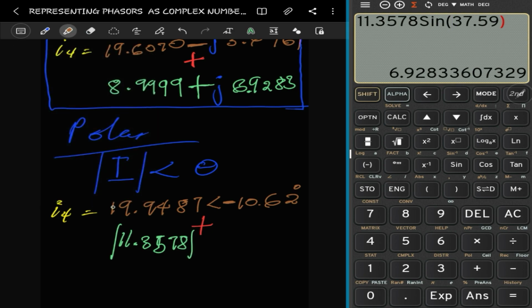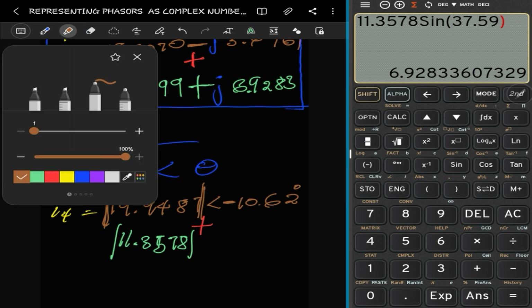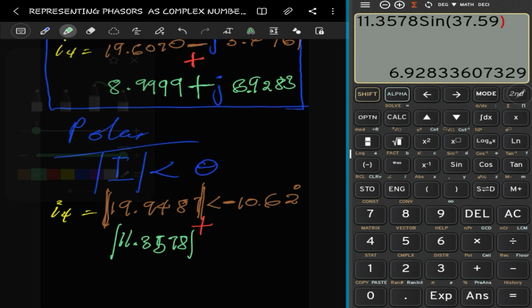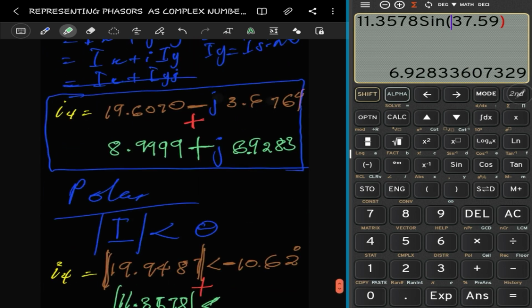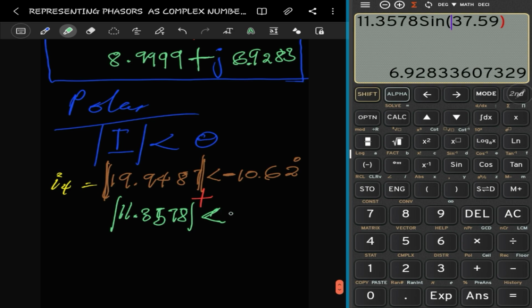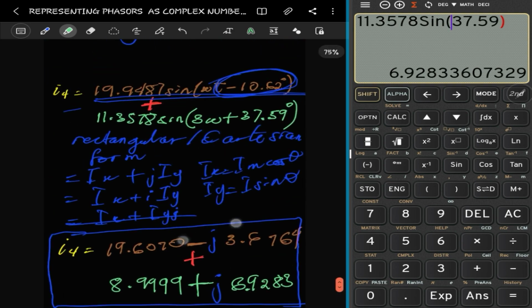Most of the time the absolute value is taken out, just show that as a vector, right? Yes. So we have the peak value for the 3W part. Then the phase angle. So let's see. The phase angle for that one is a plus. Just to be safe, make it plus so you see what's happening. And that's 37.59.